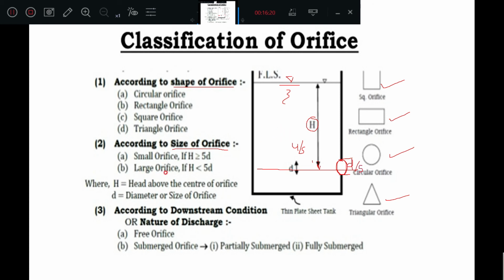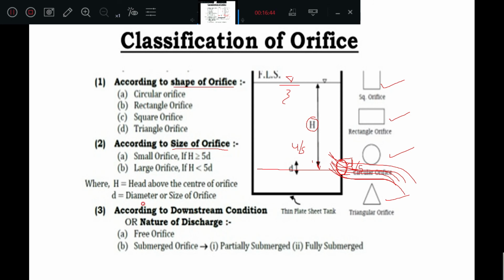according to the downstream condition or the nature of discharge, there is a free orifice and a submerged orifice. Free means it is discharging freely into the atmosphere, and it is called a free orifice.